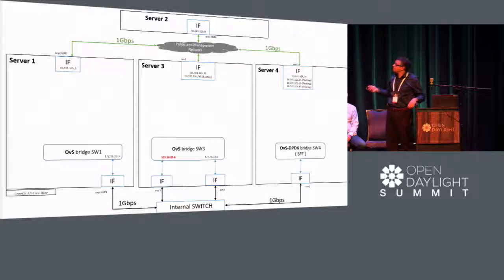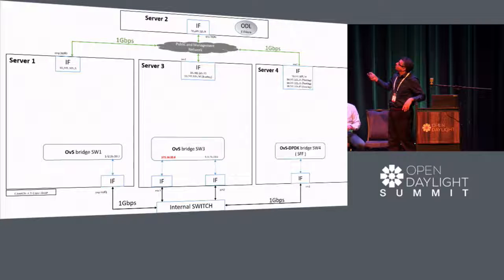And on top of those, you have your Open vSwitch bridges on server 1 and server 3, while on server 4, it's an OVS DPDK enabled switch. And please note, SFF here is a service function forwarder, which forwards the data through the different nodes in a path.